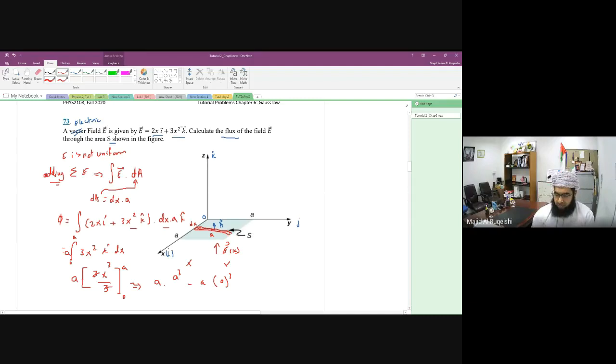You start with A, substitute it instead of x from 0 to A, and at the end of the day this will equal A to the power 4. But what is this? This is flux, electric flux.